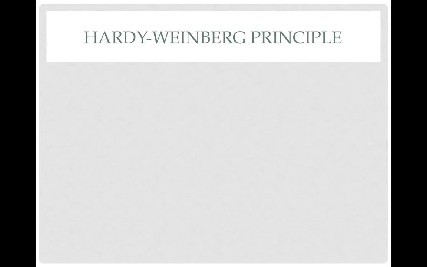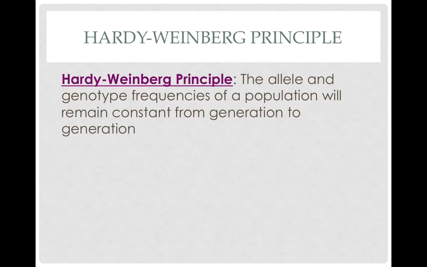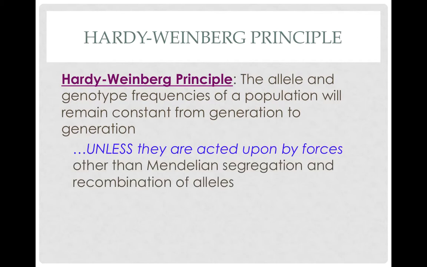All of this relates to a big principle that we're going to be spending a lot of time thinking about and working with, called the Hardy-Weinberg principle. The Hardy-Weinberg principle says that the allele and genotype frequencies of a population will remain constant from generation to generation. So there will always be the same frequency of alleles and the same frequency of genotypes in each new generation within a population.